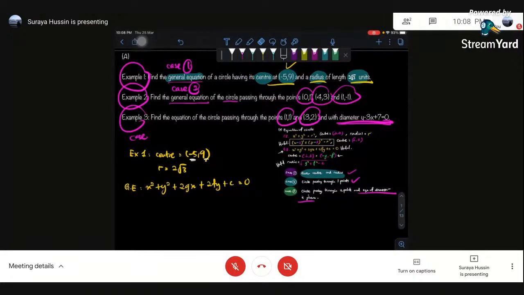This is h and k. This is also equals to negative g and negative f. Am I right? Yeah, therefore your g is equals to, you mesti keluarkan g. Your g is 5 and your f is negative 9.